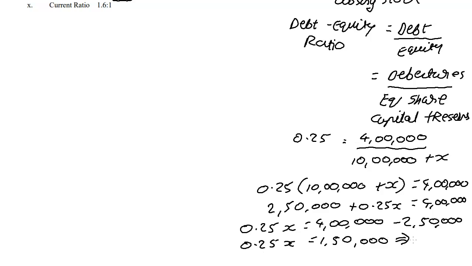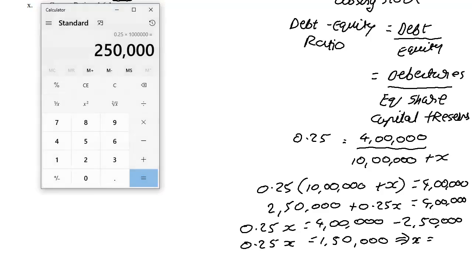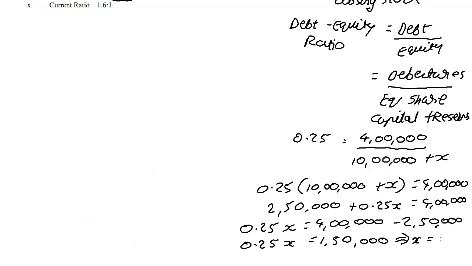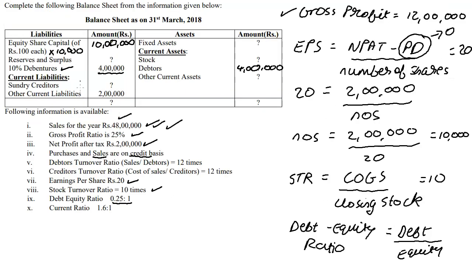So we can simply say that x is equal to 1,50,000 divided by 0.25. Okay, and what we have managed to isolate is the reserves in the balance sheet. So your reserves and surplus is 6 lakhs.